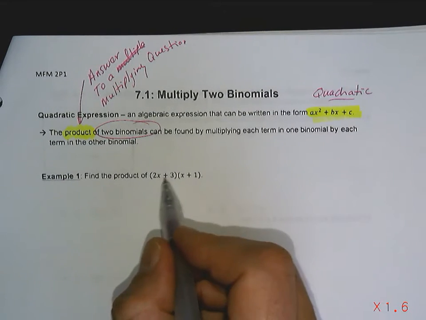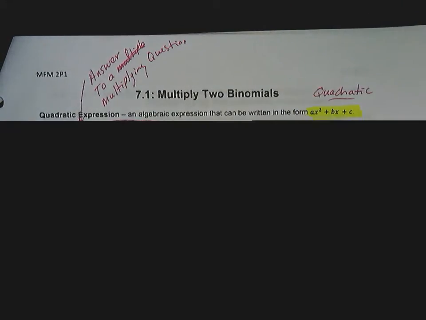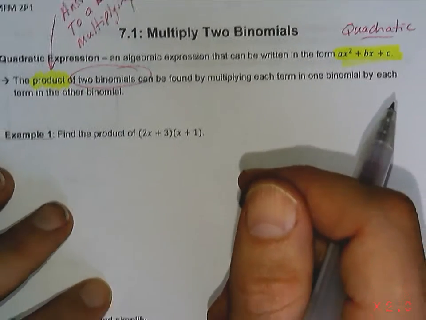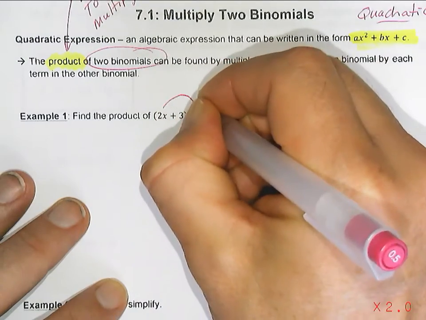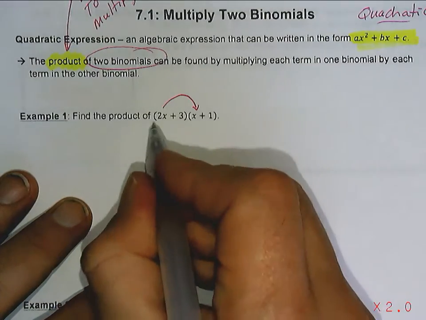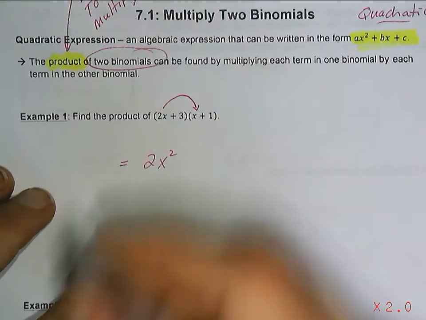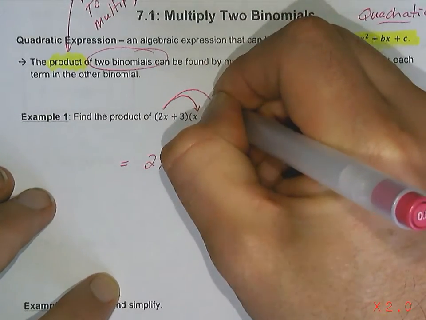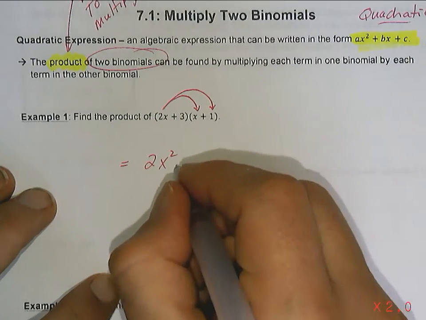So take a look at this one. I've got 2x plus 3 and x plus 1. I'm going to zoom in so it's nice and big. This is what I'm going to do. I'm going to take the 2x and multiply it by the first term in the second bracket. So it's going to be 2x times x, and that's going to be 2x squared. I'm going to take the 2x and multiply it by the 1, and that's going to be plus 2x.